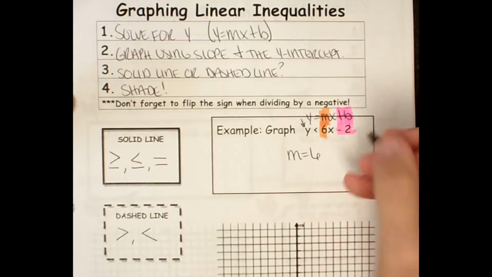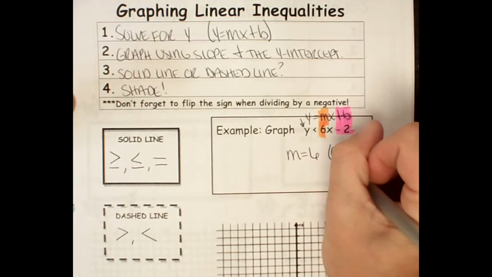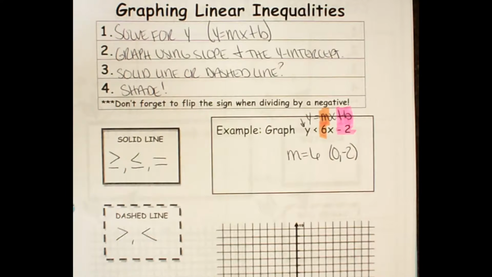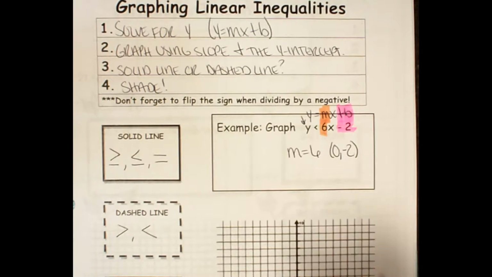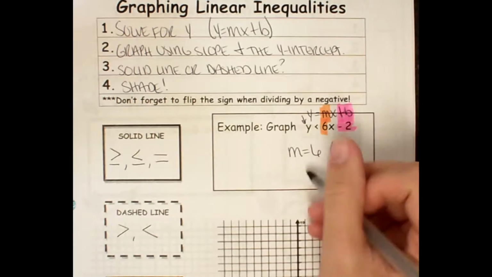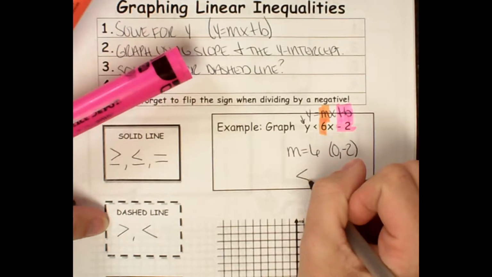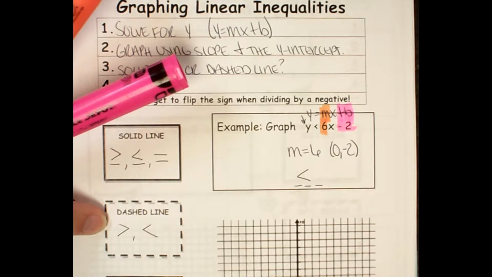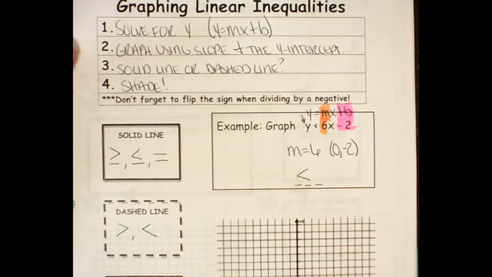So that means that my y-intercept is going to be 0, negative 2. So then we decide, is it a solid or a dashed line? Well, if I look at my symbol, it's the less than. Less than is going to be a dashed line. And then we'll shade below.